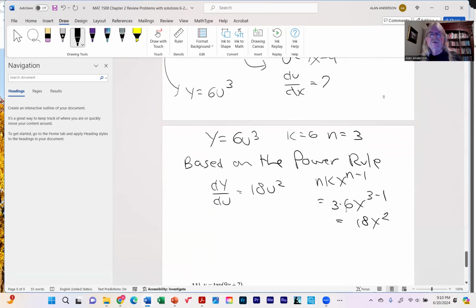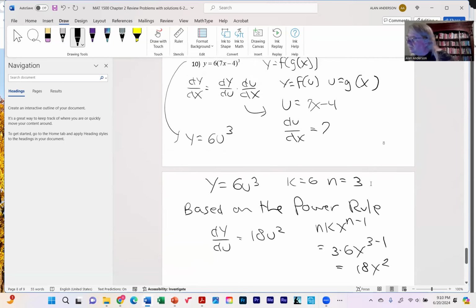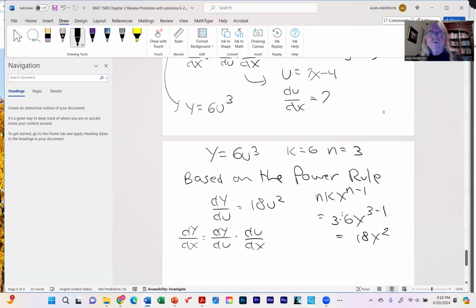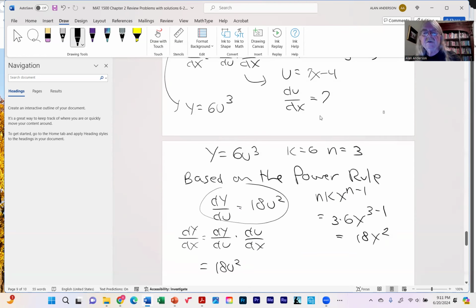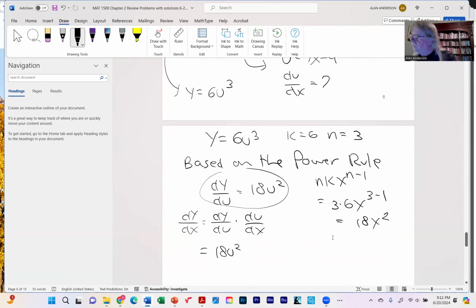Now, you can see all we still have to do is plug everything in. Make one substitution. So in other words, we have 18u squared, and we've already determined that du dx is just 7.